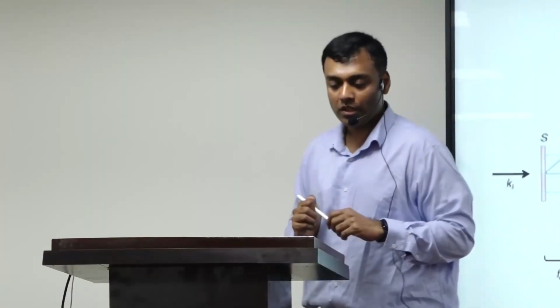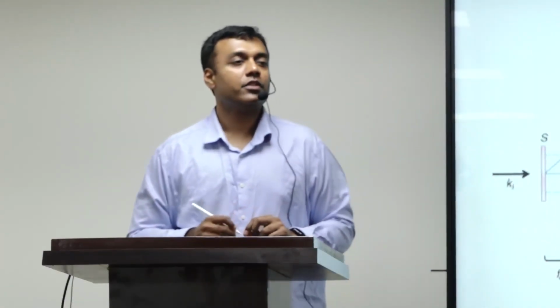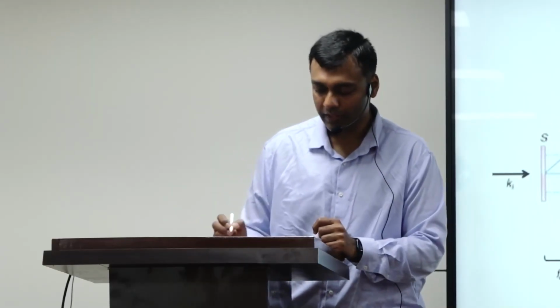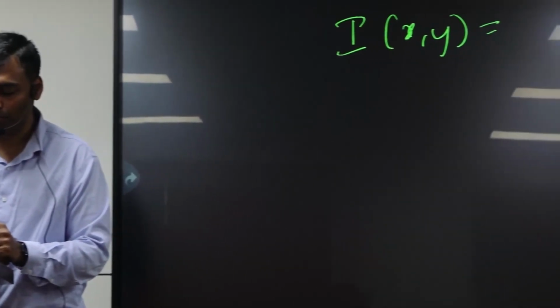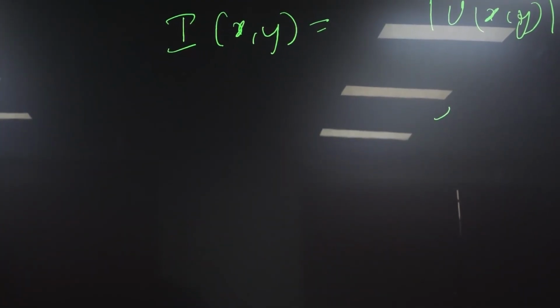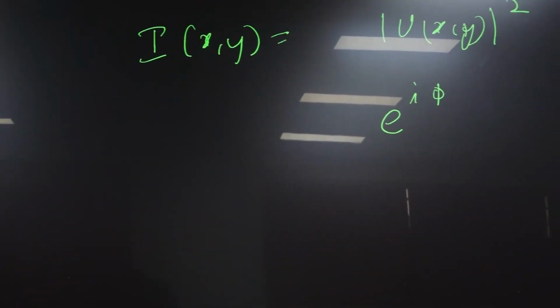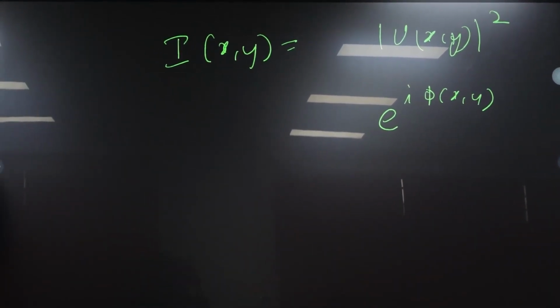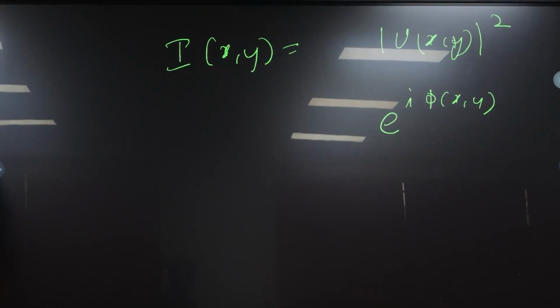What is the process of measurement when you have the field here? The intensity of x, y, I told you last time, is u of x, y squared. And if this is e to the i phi of x, y, what happens when you take the magnitude squared of a complex number?